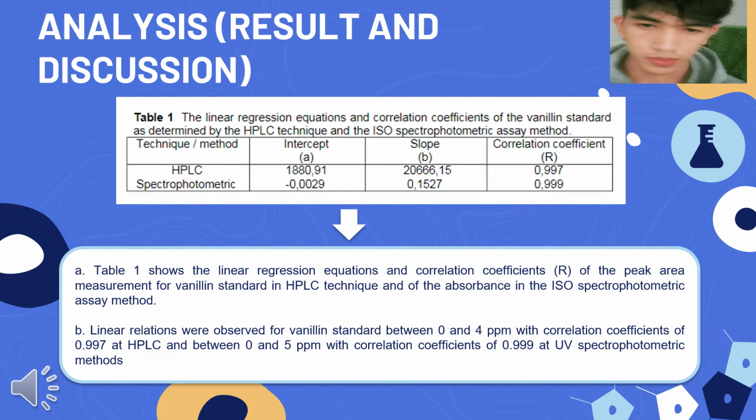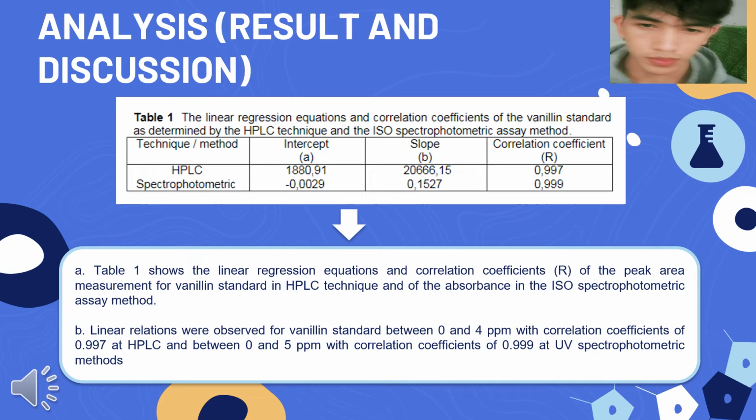Analysis, result and discussion. The table shows the results. Table 1 shows the linear regression equation and correlation coefficient R of the peak area measurement for vanillin standard in HPLC technique, and of the absorbance in the ISO spectrophotometric assay method.